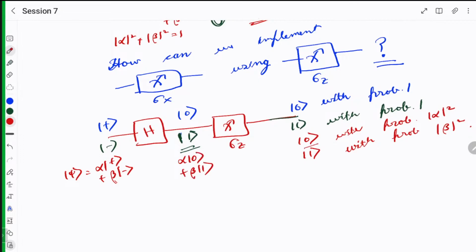And again, you will get 0 with probability alpha squared and 1 with probability beta squared.